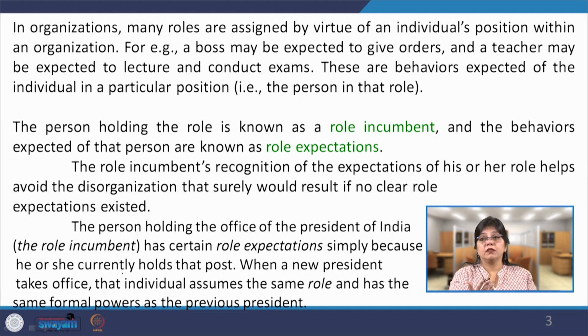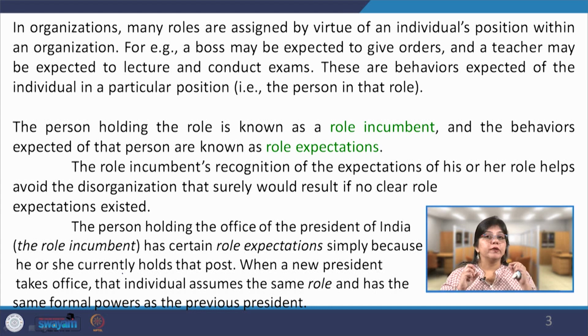social psychologists have also identified that a person who holds the role to perform a typical behavior is known as the role incumbent, and the behaviors expected of that person in that role are known as role expectations.